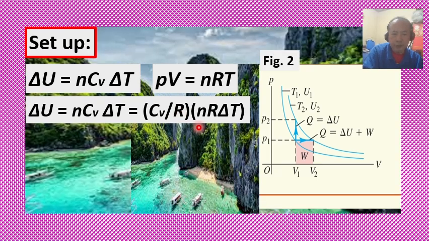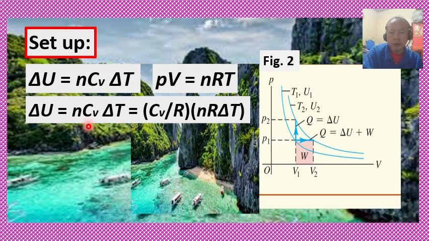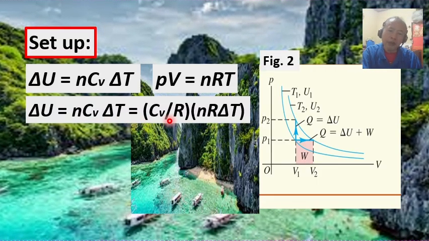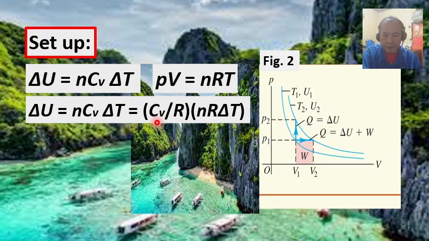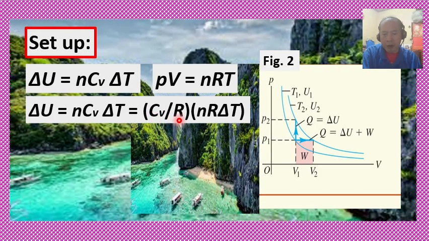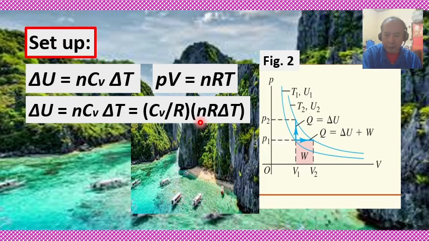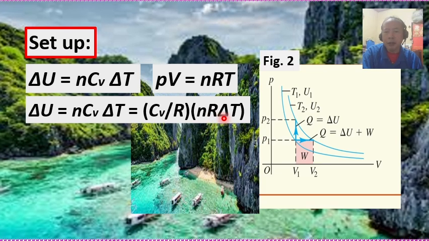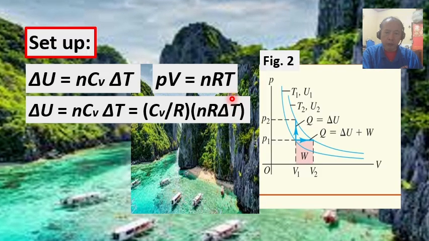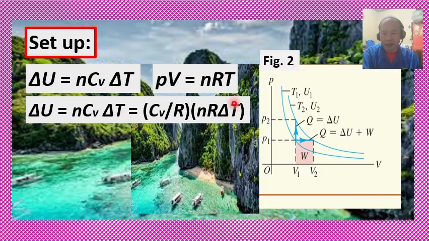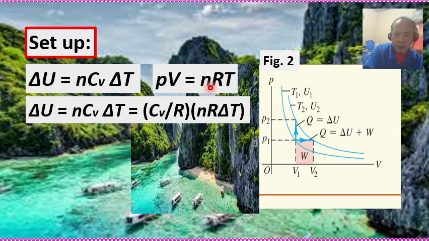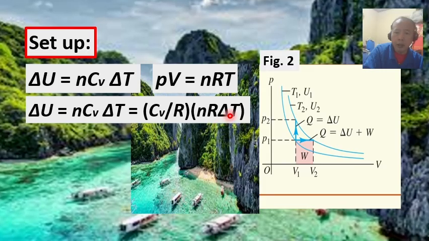So, delta U, or n Cv delta T, can now be expressed as the heat capacity at constant volume Cv divided by the big R and multiplied by small n times big R times delta T. So we are now talking about change in temperature delta T. So our ideal gas law is now modified.